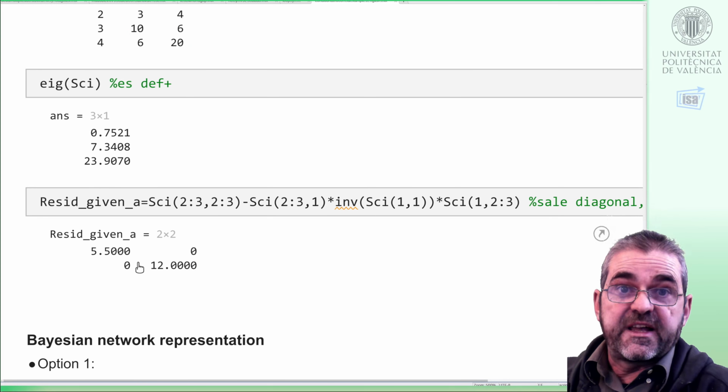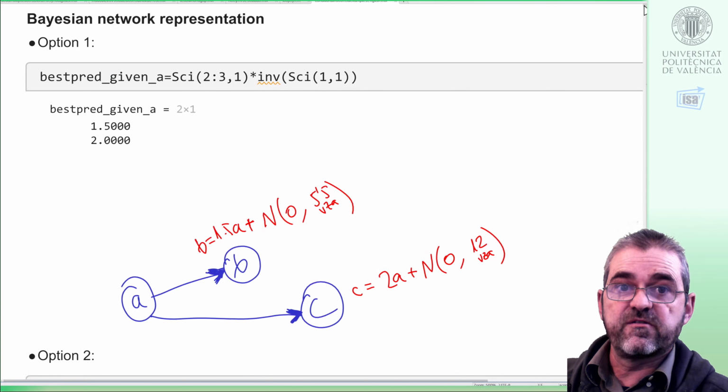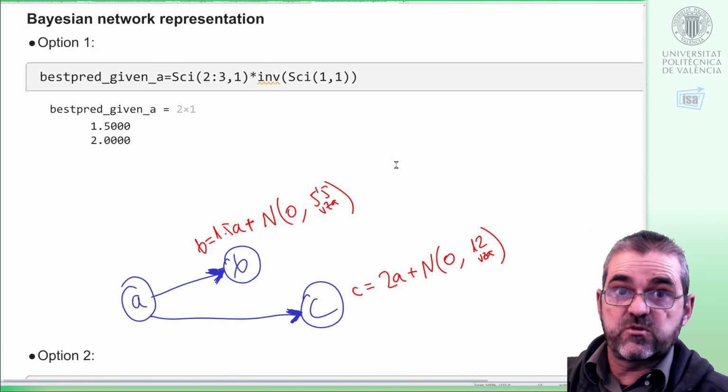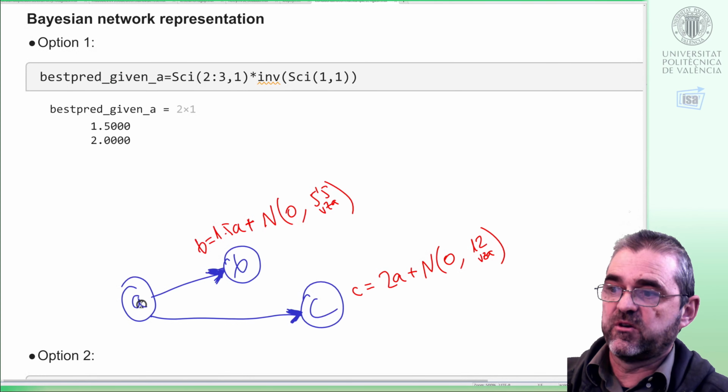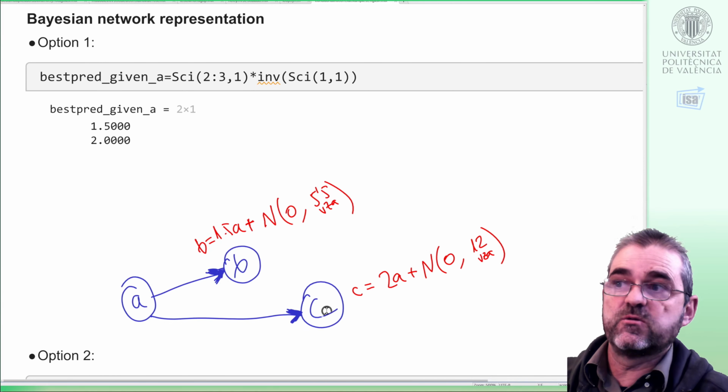So we can represent that knowledge as a Bayesian network as follows. The first option would be just what we have computed. If I know A, I can predict B and C in an independent way.